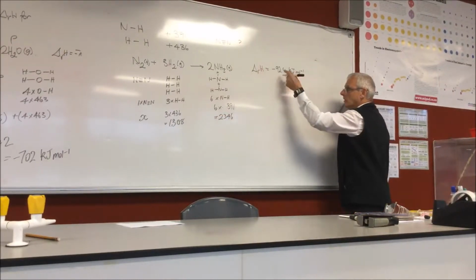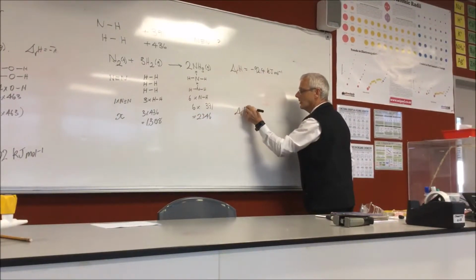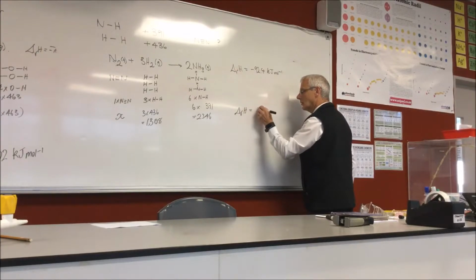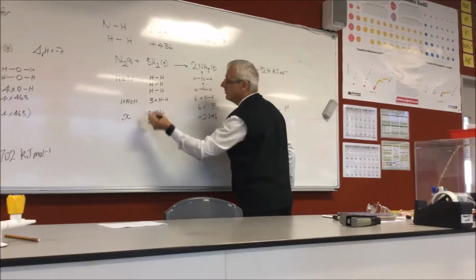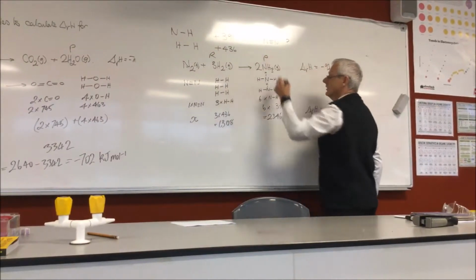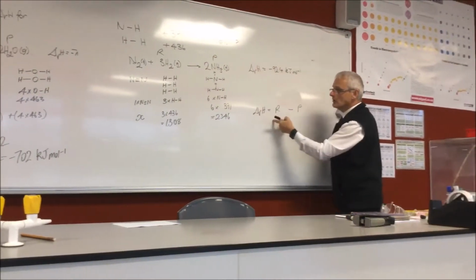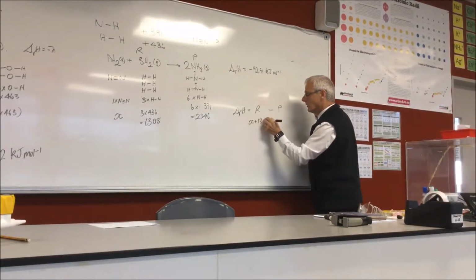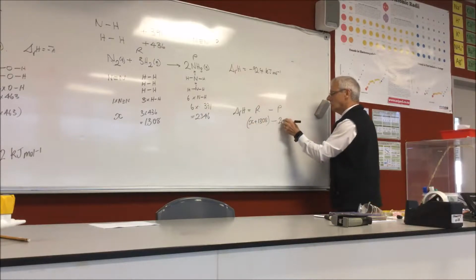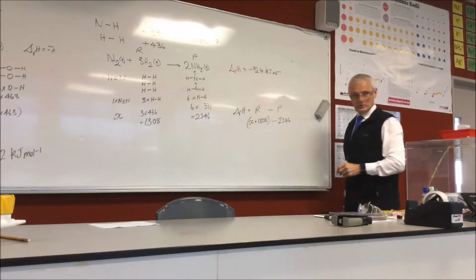So if we're using delta, this is the reactants, this is the products. The reactants is X plus 1308 minus 2346.